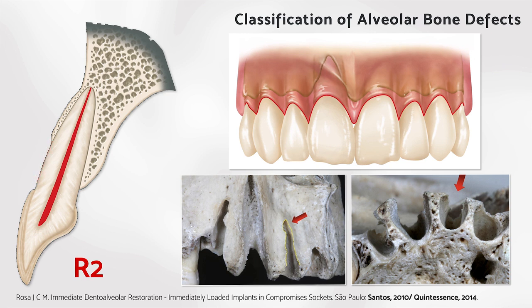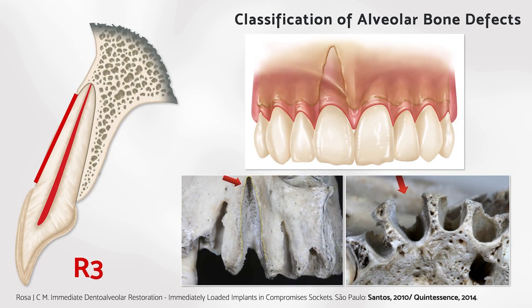Through this dry skull, you can see here the defect type R2. Just to keep in mind that this bone defect classification is related to the root length. So in a case like this, if we have, for example, 11 millimeters in length of the root, and the bone loss extends 6 millimeters, we can consider a type 2, R2 defect.